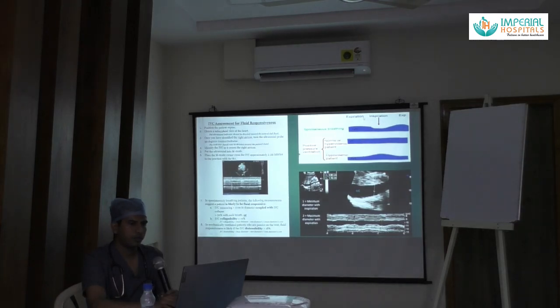Based on that, if it is a spontaneously breathing patient, we have to see the collapsibility index. If he is on a ventilator, we have to see the distensibility index. We can calculate this by seeing the IVC through M mode, taking the minimum diameter during inspiration and the maximum diameter during expiration.